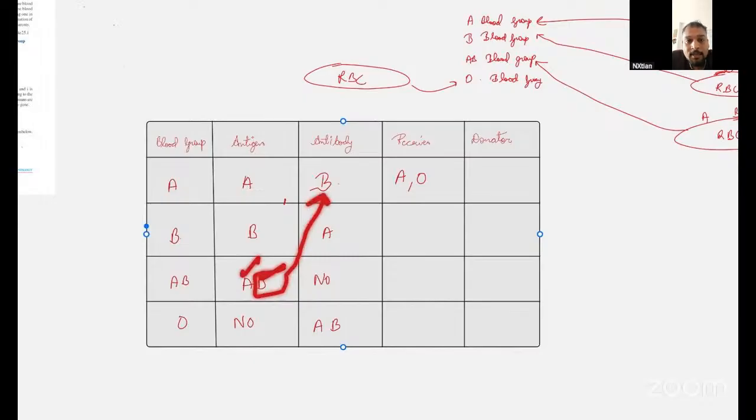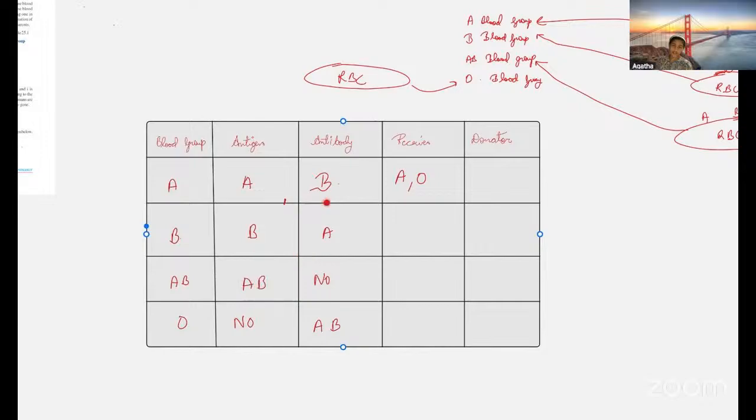So the blood will get wasted. No, the whole cell will die. It won't be like this.